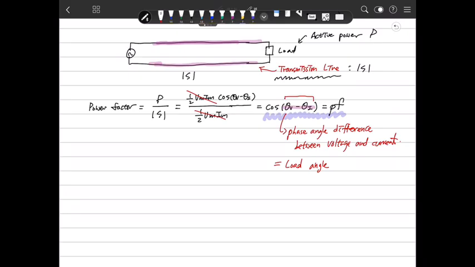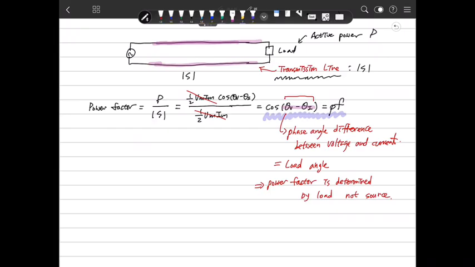The power factor cannot be determined by the source.